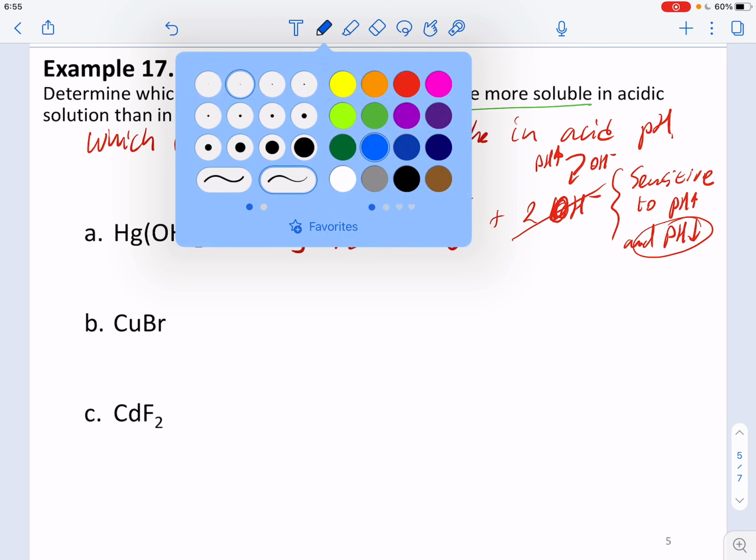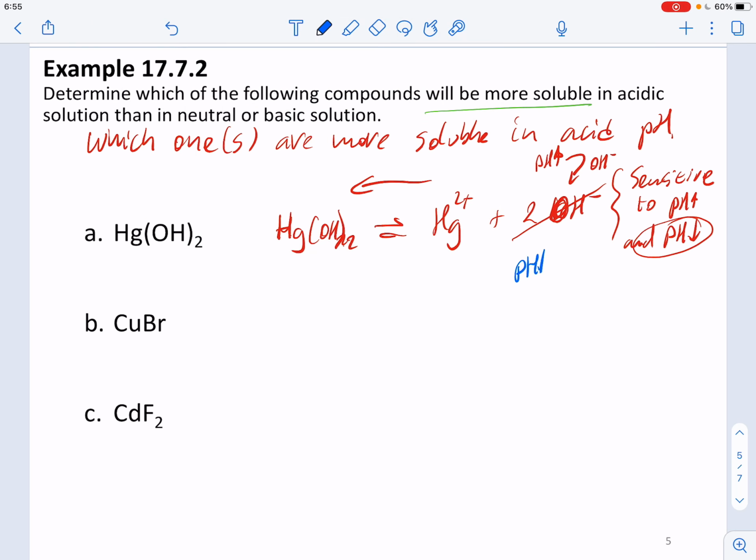And if you are at low pH, you are removing OH minus and the equilibrium shifts to the right, so the solubility will increase. Okay, so this is more soluble at low pH.